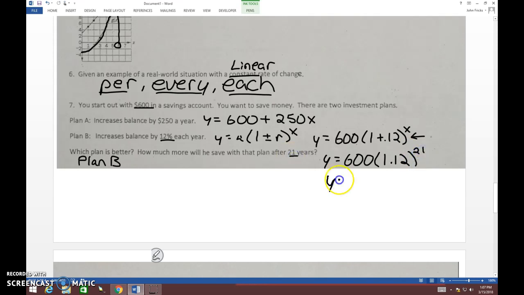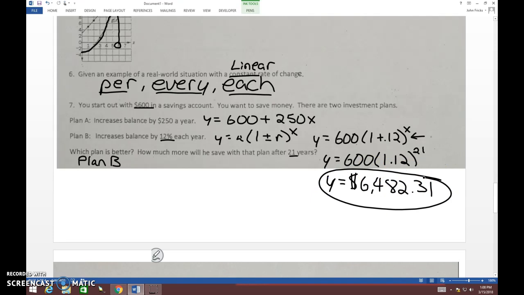When you get ready to solve this, all you got to do is just substitute it into a calculator, and you'll be able to find that the amount of money he is going to make here is going to be $6,482.31. So it's really easy to come up with that number. All you have to do is substitute it in and work it out through the calculator.